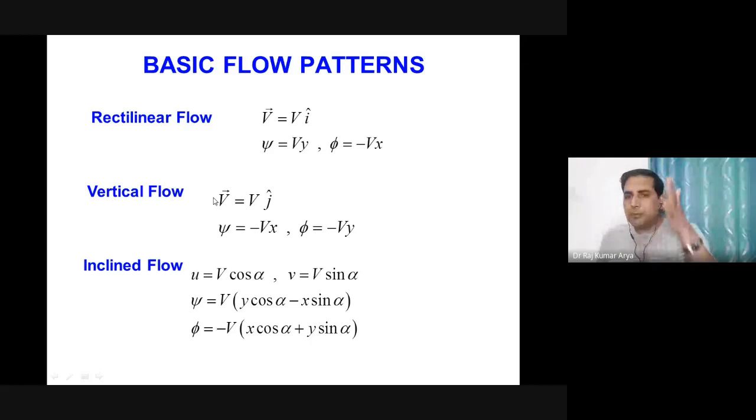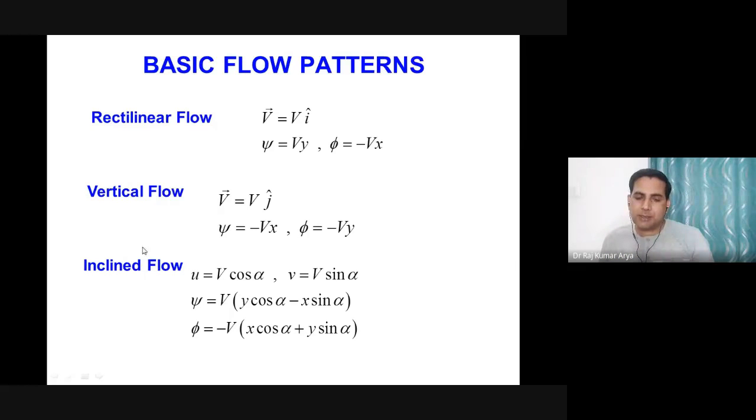Another flow pattern could be completely vertical. So you keep a j cap there, and then you calculate psi and phi. These are some ideal types of flow patterns, either completely in the x direction or the y direction. Practically, it doesn't happen because you always have some sort of fluctuations, so you always have some x and y components.